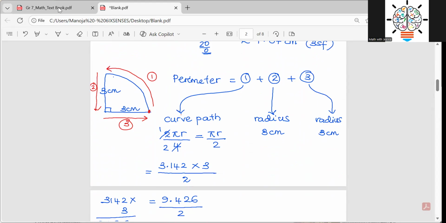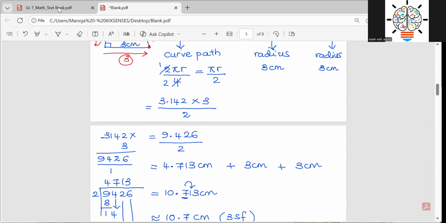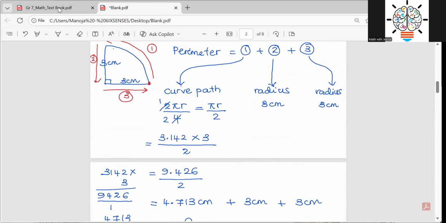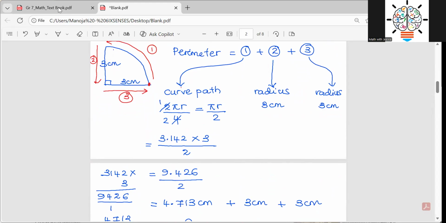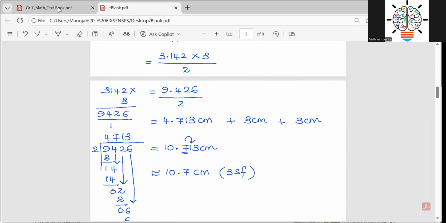The curve path, you can find the full circle perimeter, 2πr, and you divide it by 4 as this is a quadrant. And we did the calculation and got the answer 4.713. For that, you want to add the straight edges, 3 centimeters and 3 centimeters. It gives me 10.713. And when I corrected it to the third significant figure, the final answer will be 10.7 centimeters.